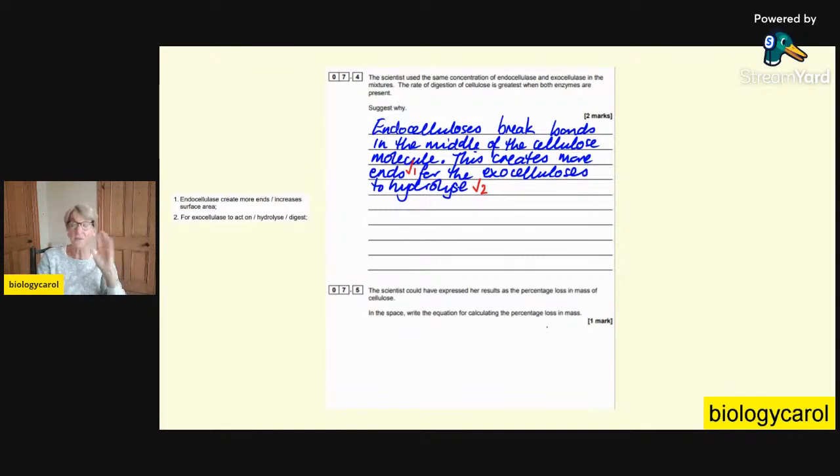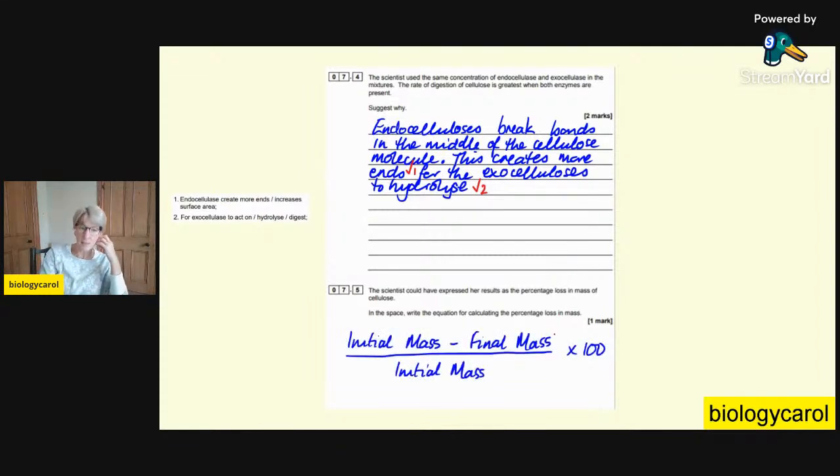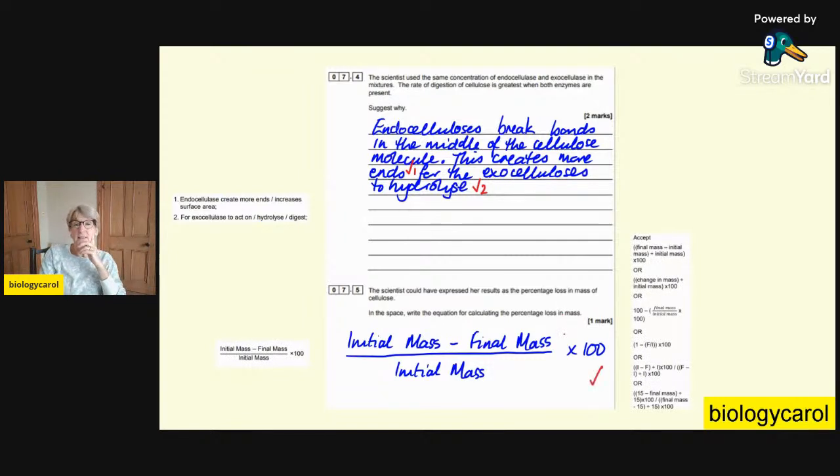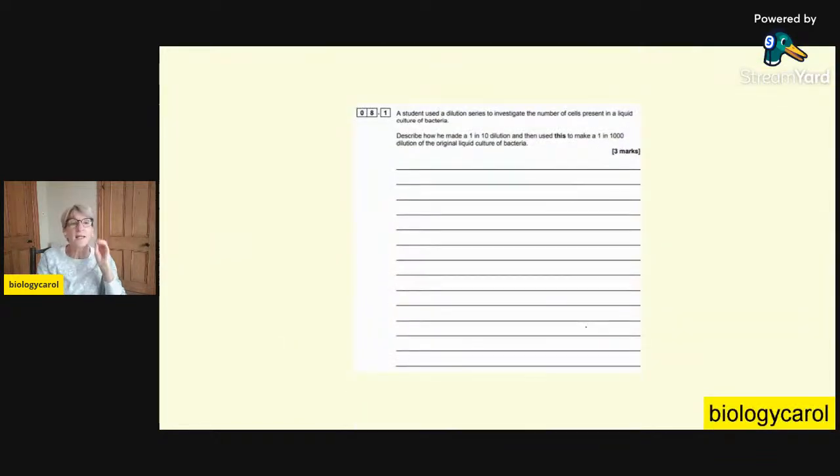The equation for percentage loss is the initial minus the final mass, divided by, because we're talking about percentage loss, that higher initial value, divided by the initial value times by 100. So there we go. All the other combinations here. 8.1, we're getting there slowly but surely.